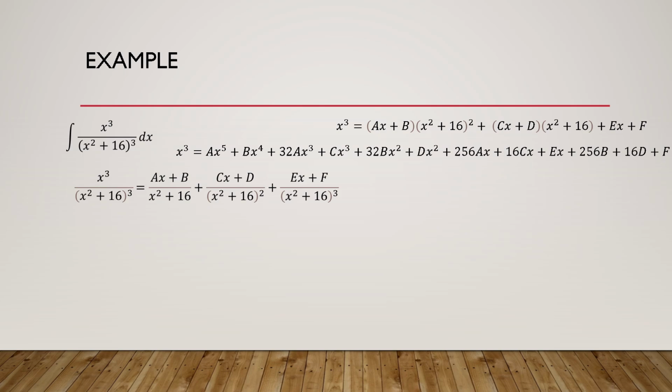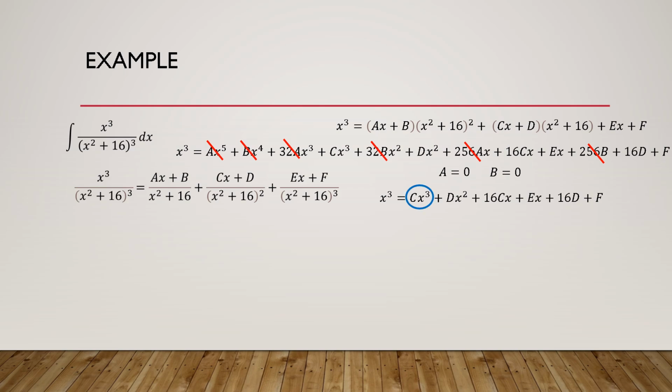Note that there is only one term containing an x to the fifth and one term containing an x to the fourth. Since this is equal to x cubed, that means a and b must equal 0. This means we can eliminate every term that contains an a or b variable, leaving us with x cubed equals cx cubed plus dx squared plus 16cx plus ex plus 16d plus f.